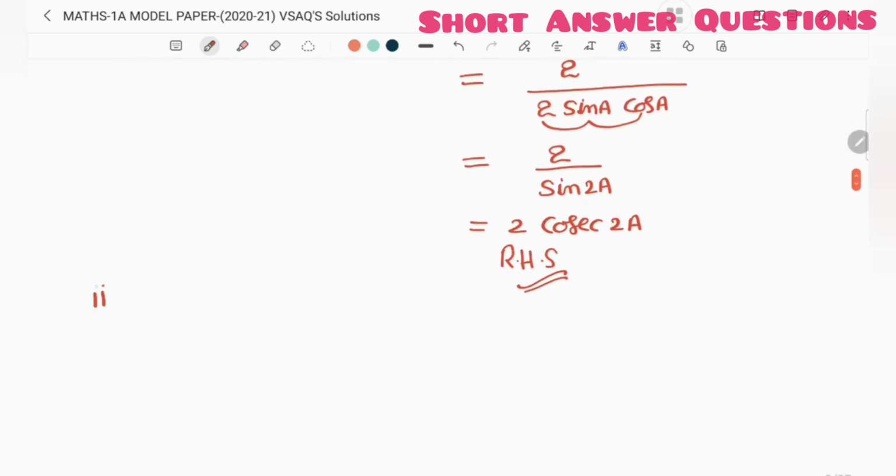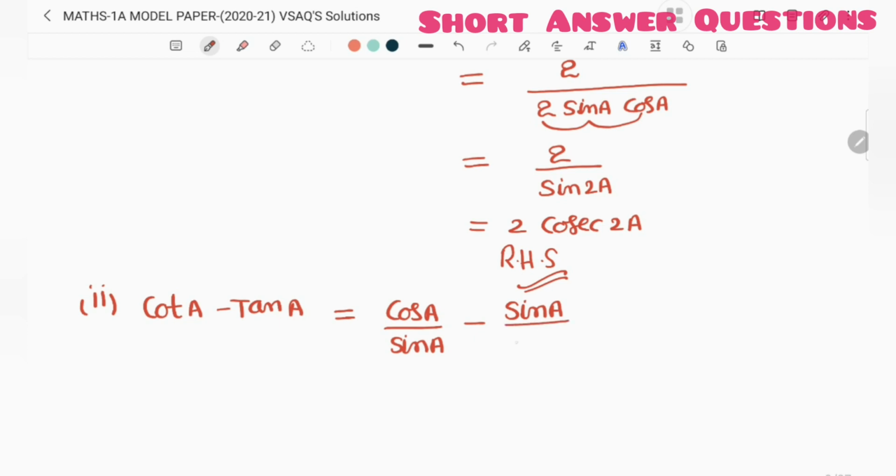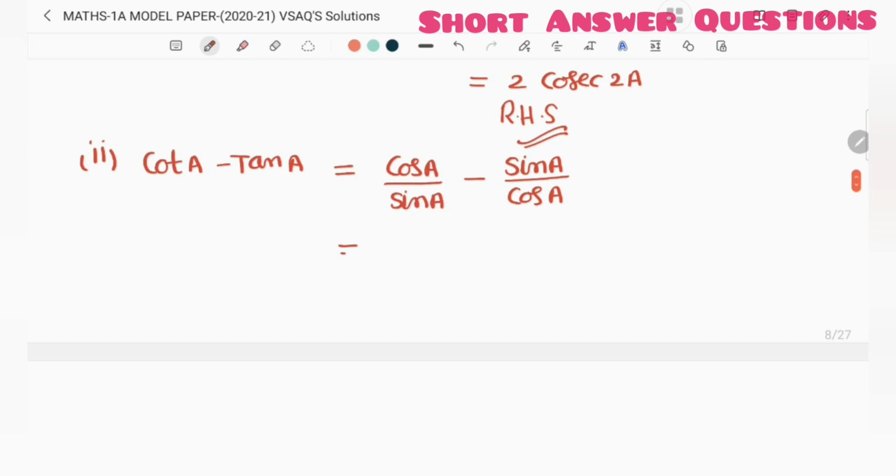Roman numeral 2. Cot A minus tan A is equal to cos A by sin A minus sin A by cos A, which is equal to sin A into cos A. Sin A gets cancelled.